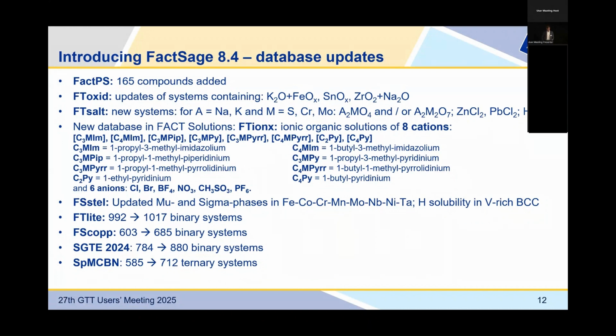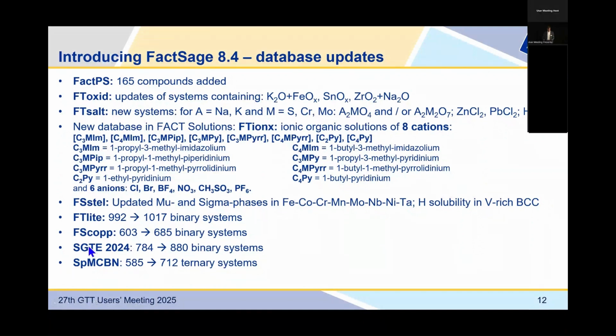The FScopp, which is a sister database, gets a very significant update with over 80 additional binary systems. I don't have the list of binary systems at the top of my head, but of course, if you're interested, you should look this up. Again, this is the largest database available for copper alloys.